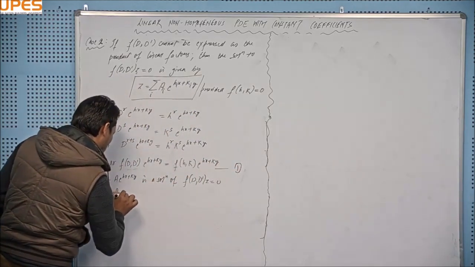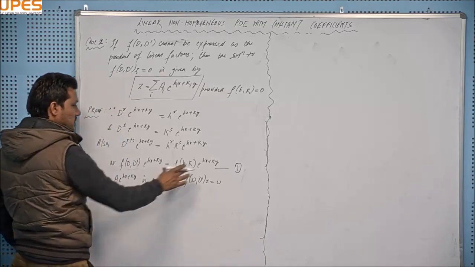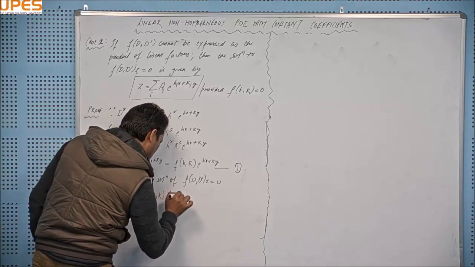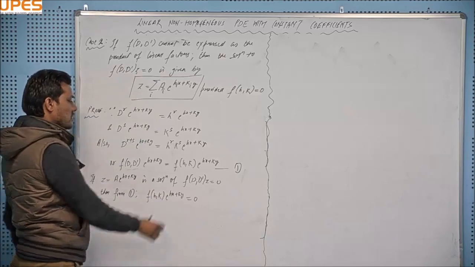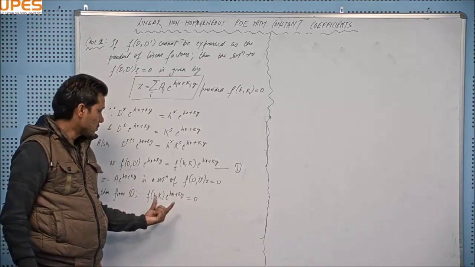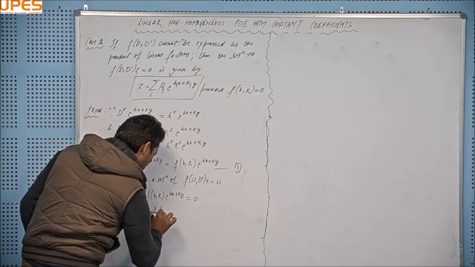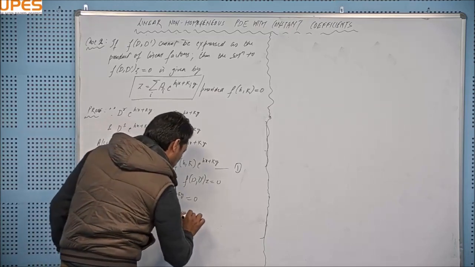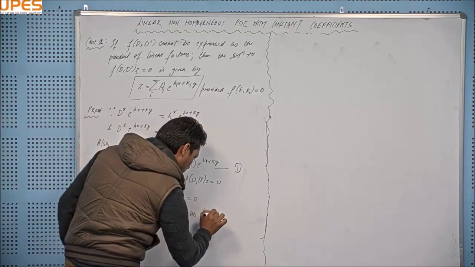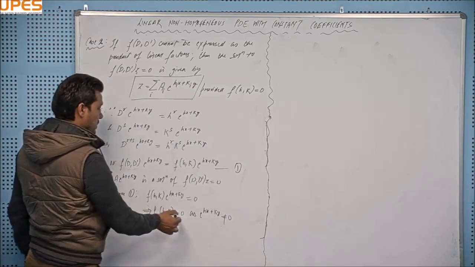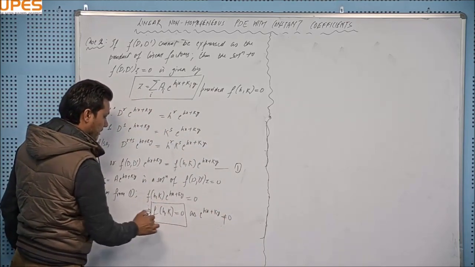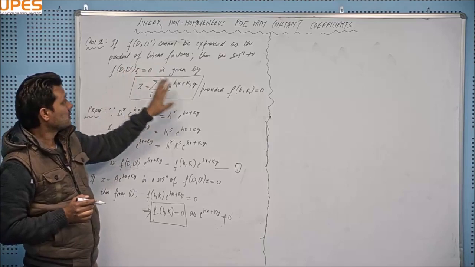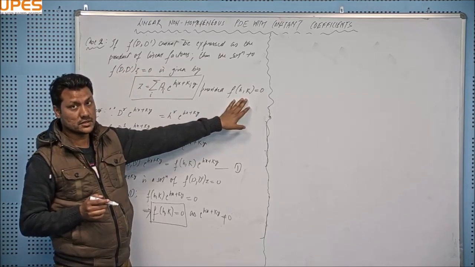Then from it, it implies that F(h, k) e to the power hx plus ky is equal to 0, and we know that the exponential function is never equal to 0, so F(h, k) should be equal to 0, as e to the power hx plus ky is not equal to 0, and this was our condition which was mentioned here, right?